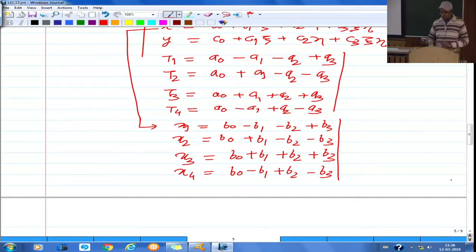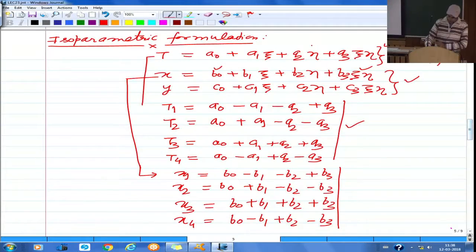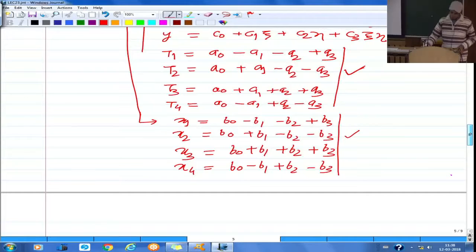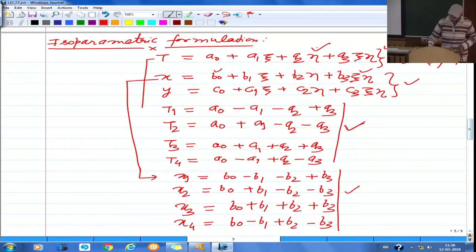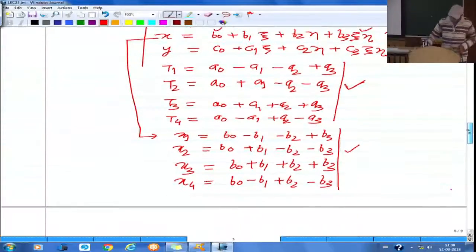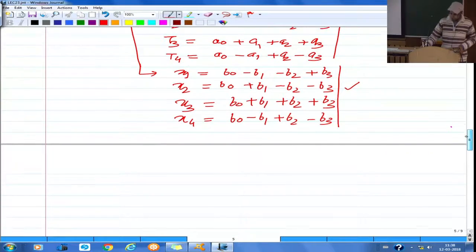Now what we do is solve these equations for a0, a1, a2, a3, then put that back in this expression and collect the coefficients of T1, T2, T3, T4 to get the shape functions. And you will find the form of the shape functions is the same, because the structure of these equations is the same. So you solve for these constants, put back in the interpolation given here, and collect the coefficients of T1, T2, T3, T4 or x1, x2, x3.